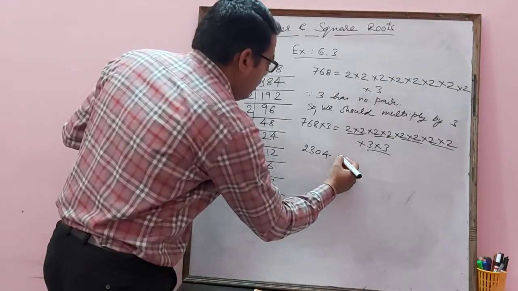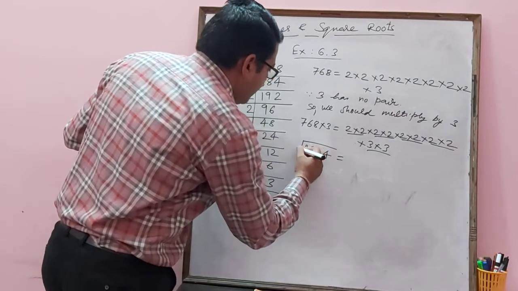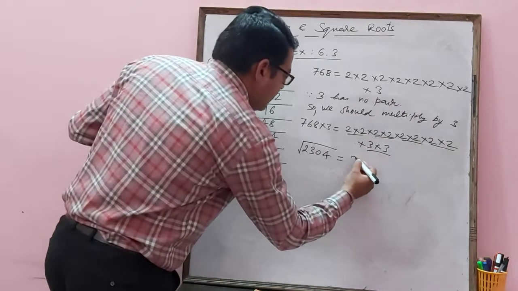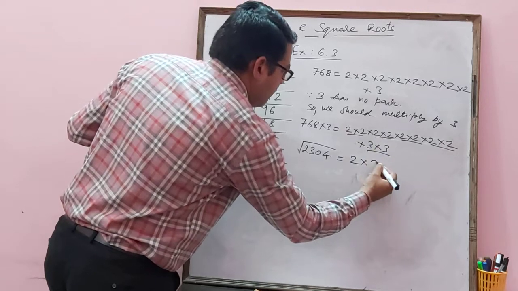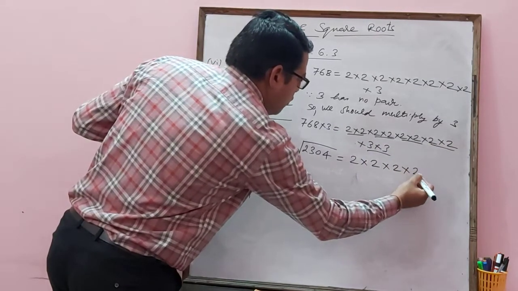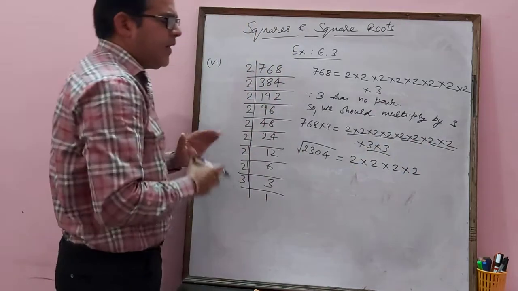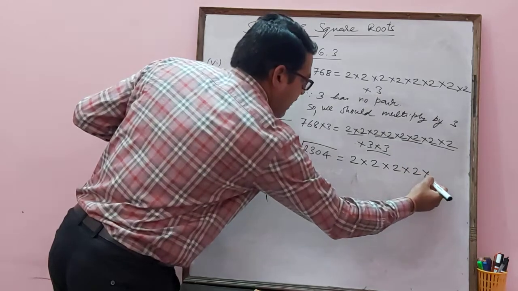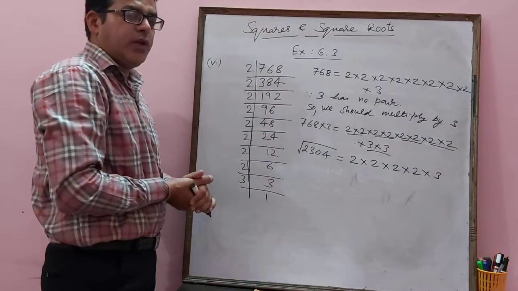Right? So here, what is the square root of 2304? We can take one number from each pair: a 2 from here, a 2 from here, a 2 from here, a 2 from here, and 1 three we can also take.